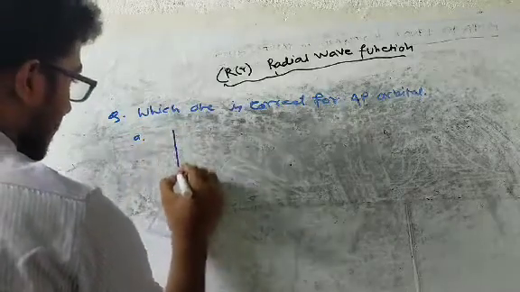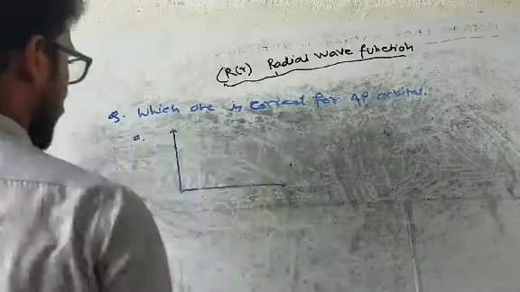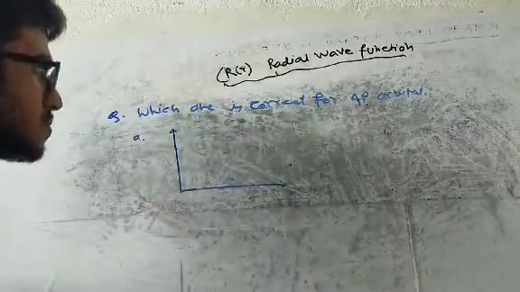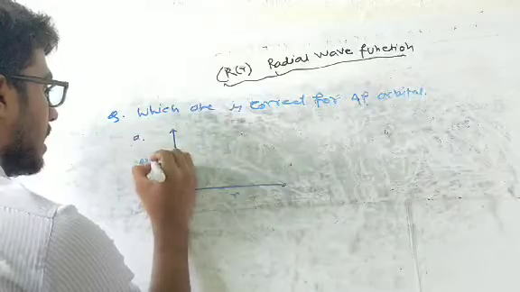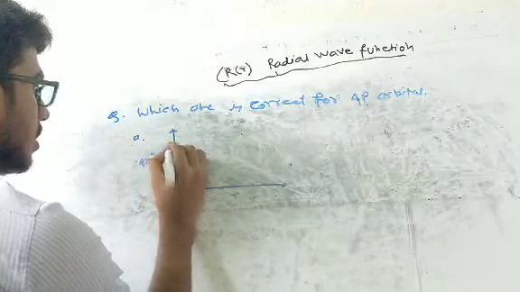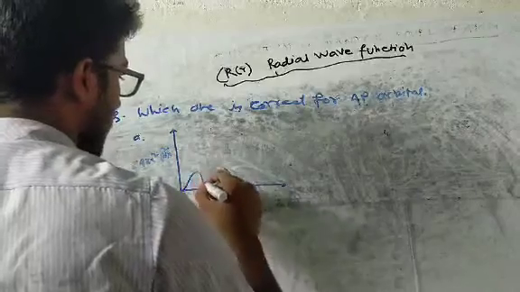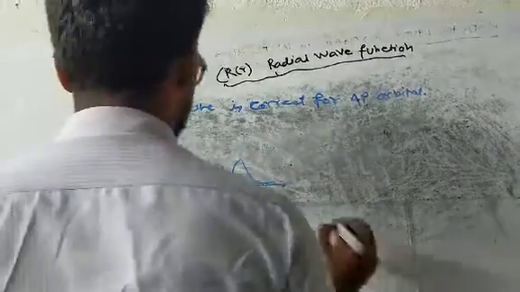Option A, R of r, 4 pi r square R. This is one.